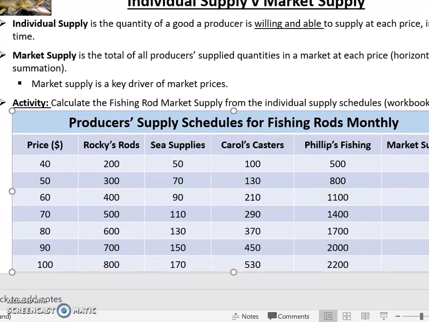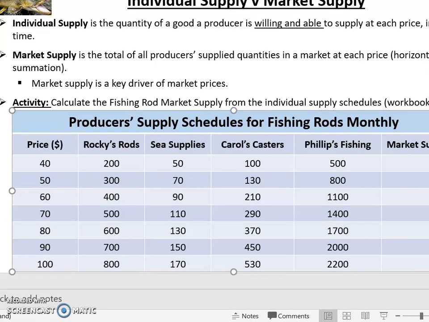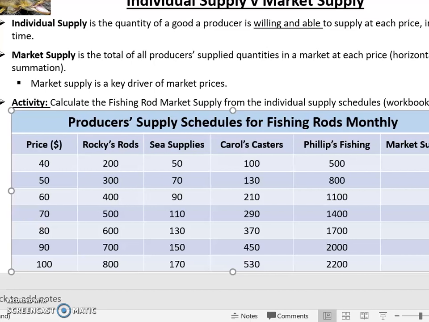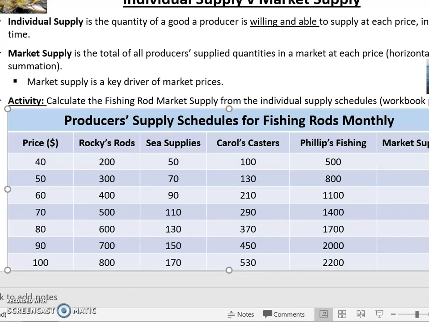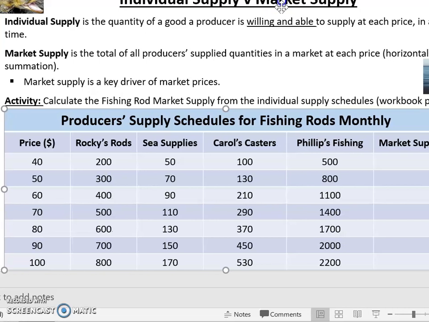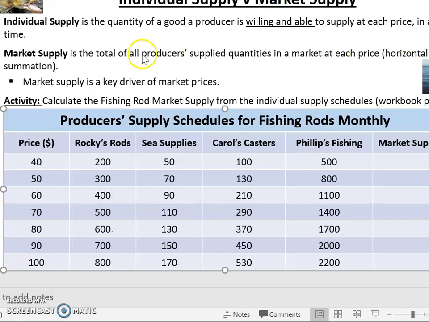So if you total all the individual supply curves in a market together, you're going to get market supply. We can work out market supply through horizontal summation, which means adding together all the quantity supplied at each price level for all the individual producers.